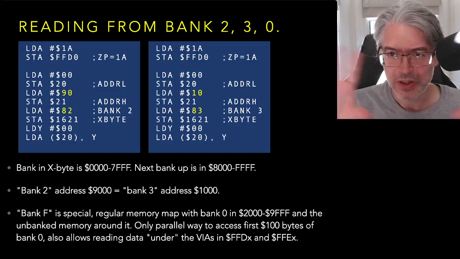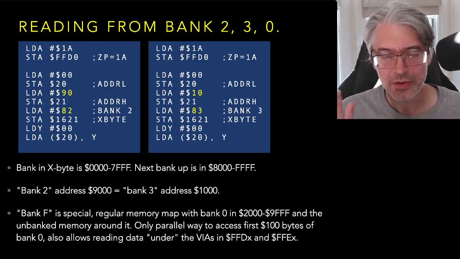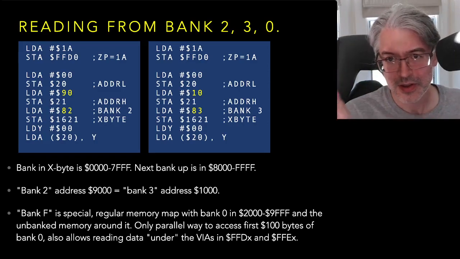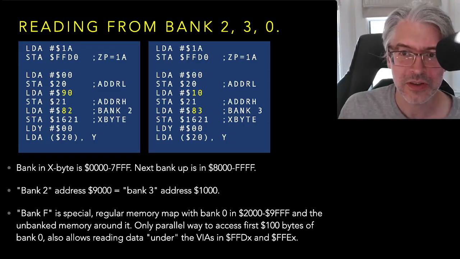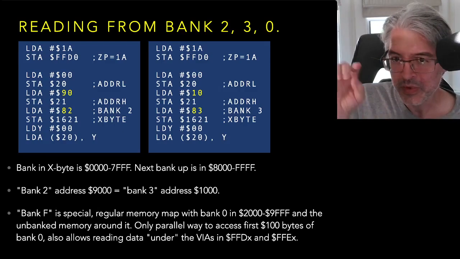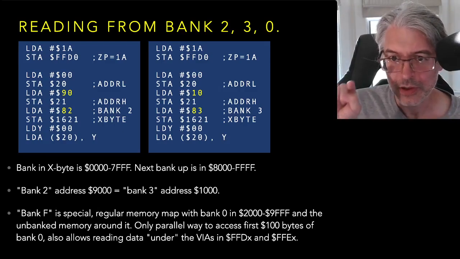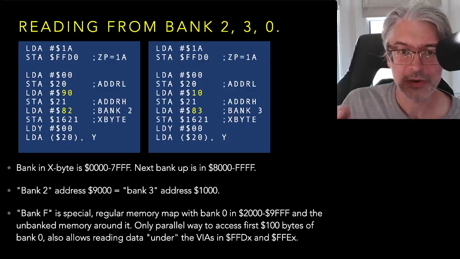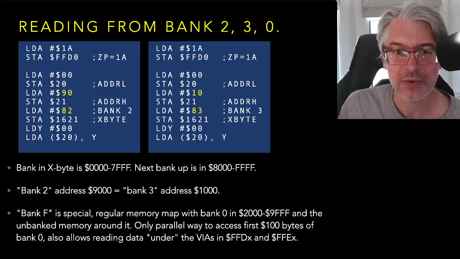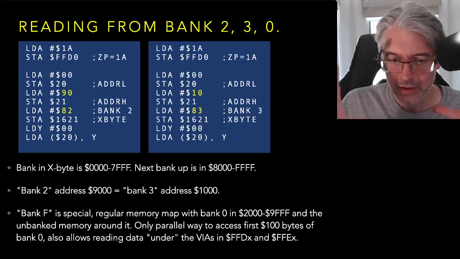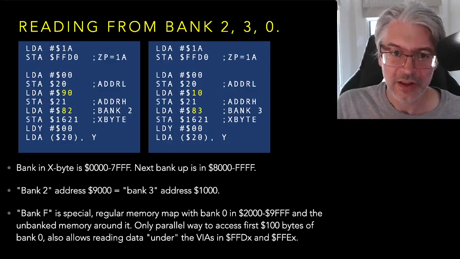What I've done at the top in these two blue boxes is I'm setting the zero page. Load 1A, store FFD0, and then I'm setting a pointer at 20. So load 0 in the left one, put it at 20, load 90, put it at 21. So now indirect address 20 points to 9000.